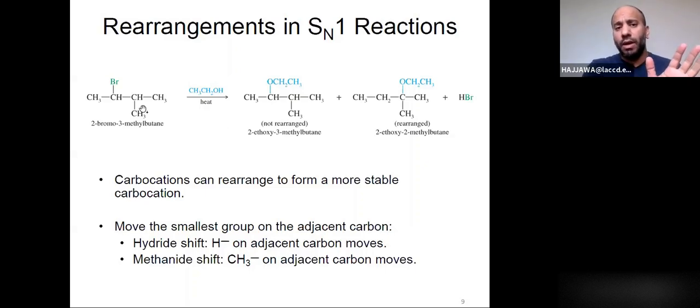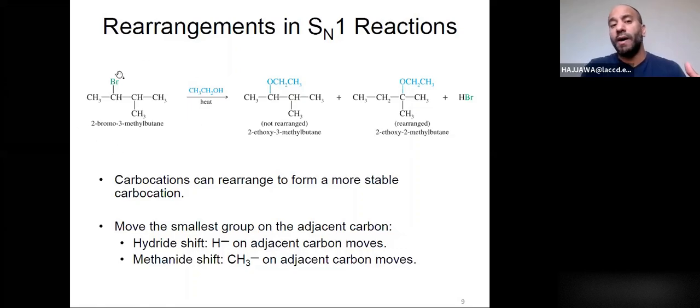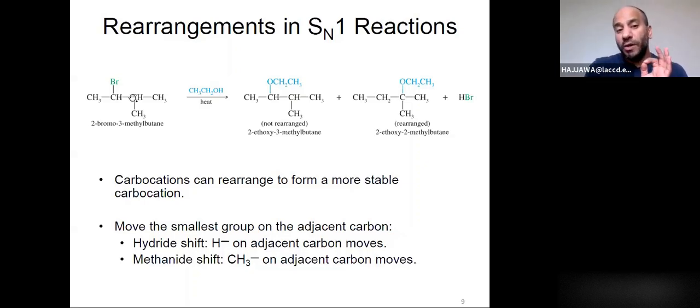Now, this rearrangement phenomenon happens when you have a more substituted carbon adjacent to a carbocation. So in this case, I have an alkyl halide that's going to form a secondary carbocation, and that secondary carbocation has a tertiary carbon adjacent to it. So that tertiary carbon is going to give its hydrogen to that carbon, and that's what we call a 1,2 hydride shift, and that carbon now, as a result, will carry the plus, and that's the plus that's going to be attacked by the nucleophile.